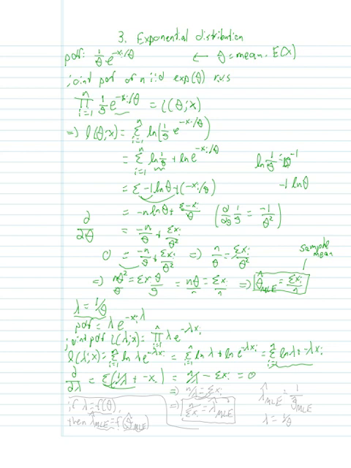Now we set it equal to 0. This gets us n over lambda is equal to sum of xi, or multiplying lambda divided by sum of xi's, n over sum of xi is equal to lambda hat MLE.